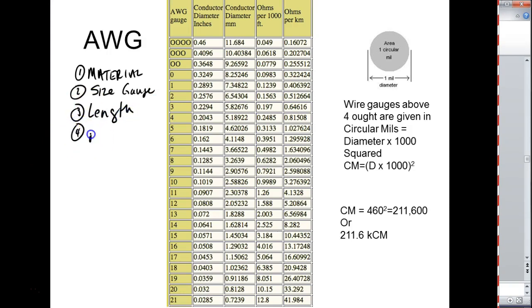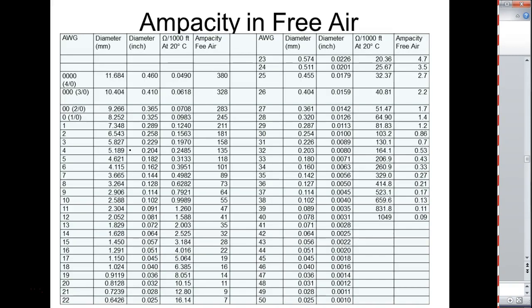And then fourth would be the temperature. And one thing that this chart right here leaves off is the what? Temperature. So American wire gauge is given at a certain temperature if it deals with resistance.